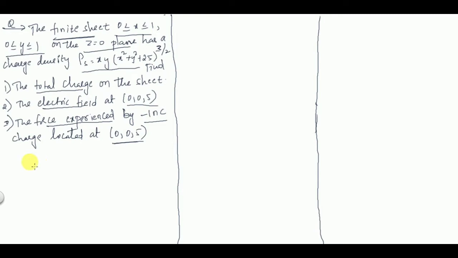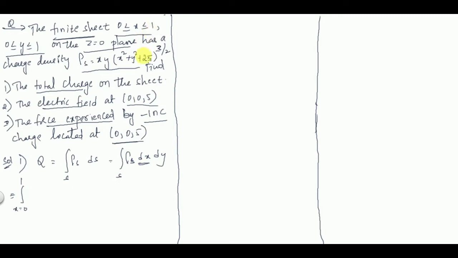Right? So how to solve this? First problem, what is the total charge? Q is equal to integral over s of rho s ds. Since it is the z equals 0 plane, ds will be dx dy.